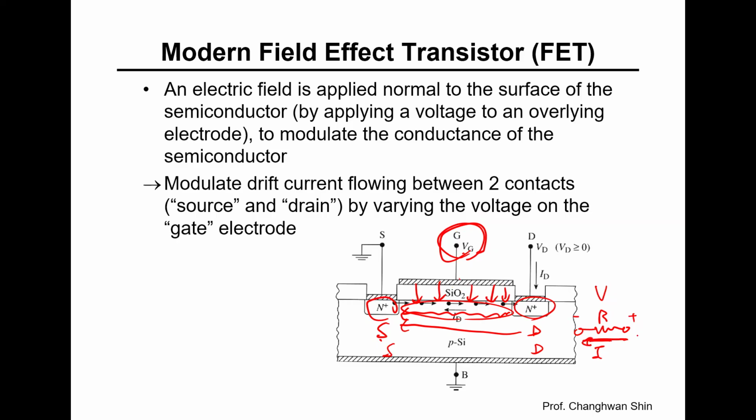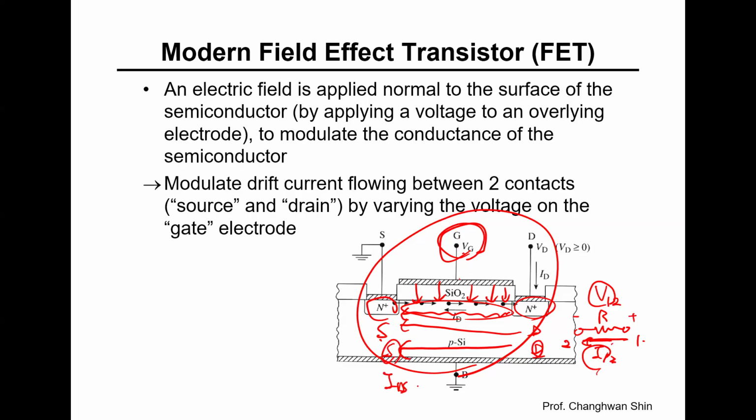So the current flow from terminal one to terminal two is fully controlled by the voltage difference between terminal one and terminal two. Okay. So these voltage and currents are directly associated. However, in FET, the current from drain to source, IDS, is not a function of the voltage difference between the drain and source. Okay, so this is the main point. Why the FET works very different from the working principle of the resistor.